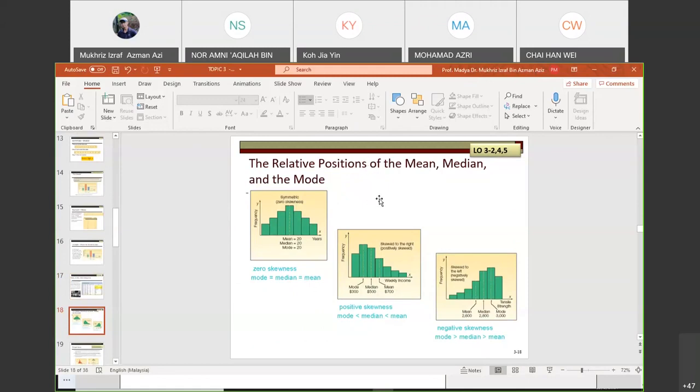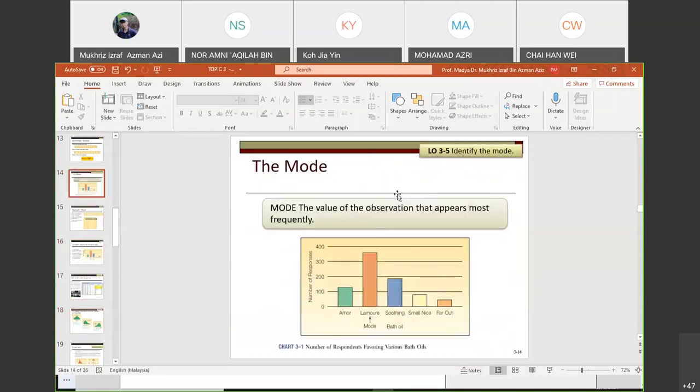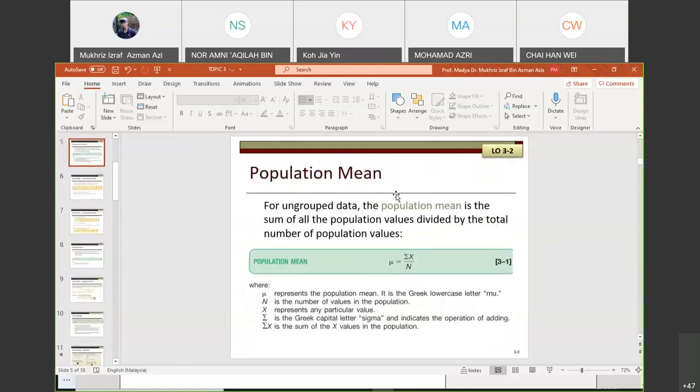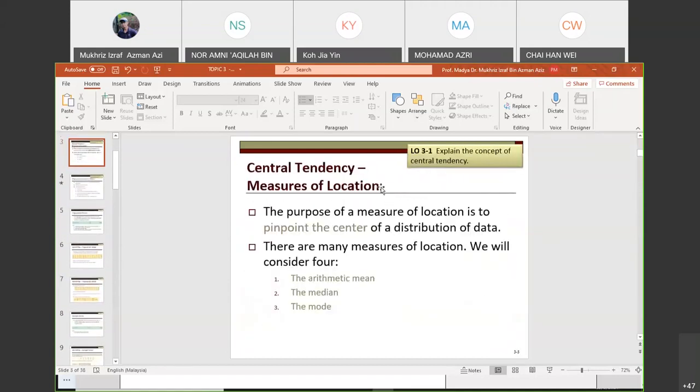So once you understand the concept of mean, median, and mode, earlier in the beginning of our lecture, all of these three components are what we call the measure of central tendency.